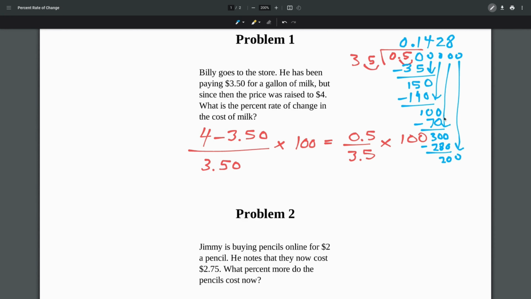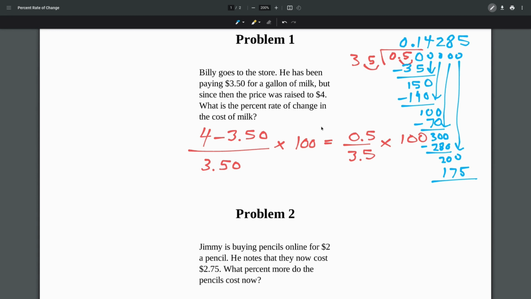Okay, and we'll probably round this to the nearest hundredth. So let's see, 35 goes into 200 5 times. So 5 times 35 is 175. And we could keep going here, but we've got enough to round to the nearest hundredth of a percent, and I think that'll be good enough.